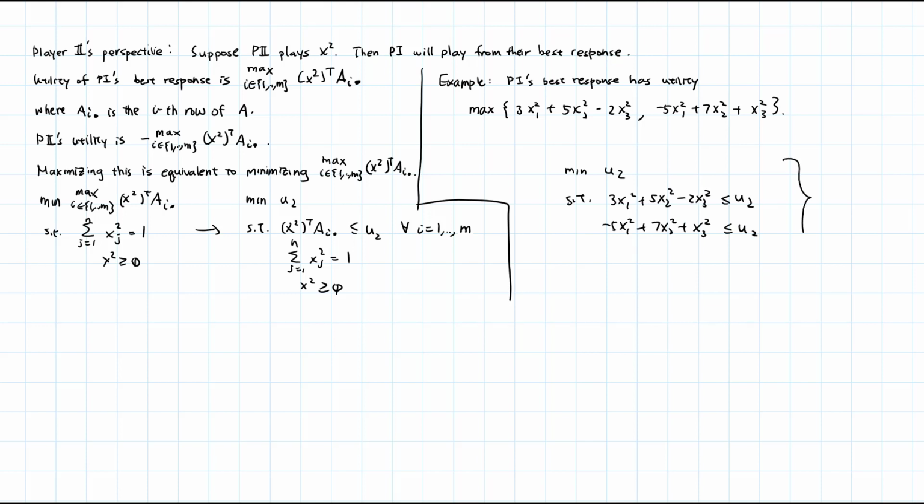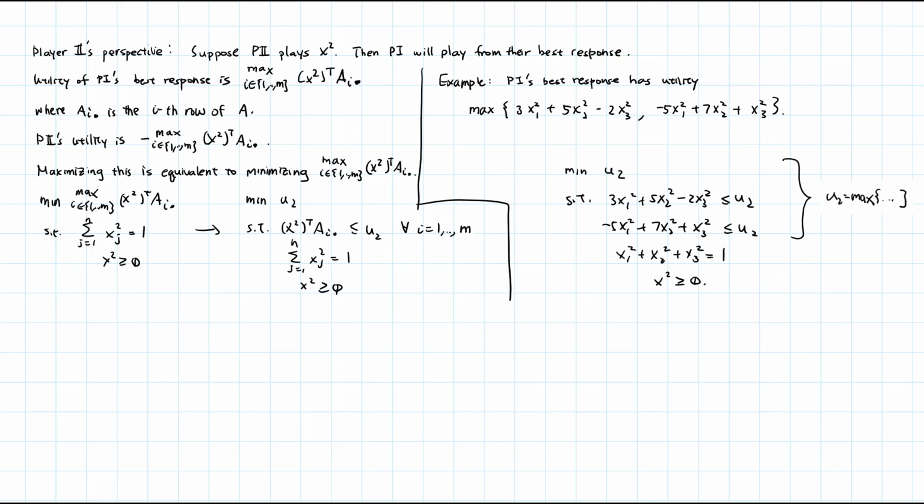The first 3 lines will give us u2 is equal to the maximum of these 2 expressions. We will note that the objective function here is trying to minimize the negative of the utility for player 2. So this is the LP that player 2 would solve to maximize their own utility.